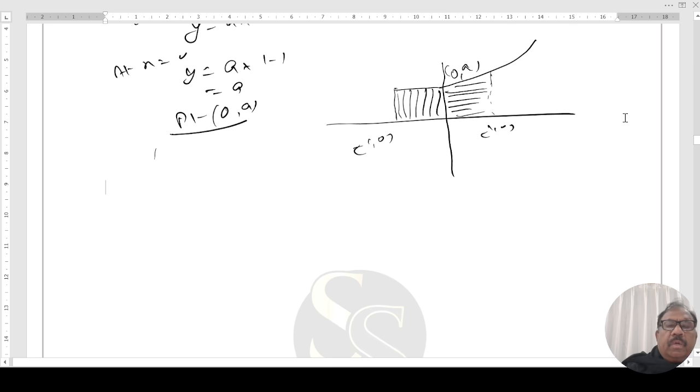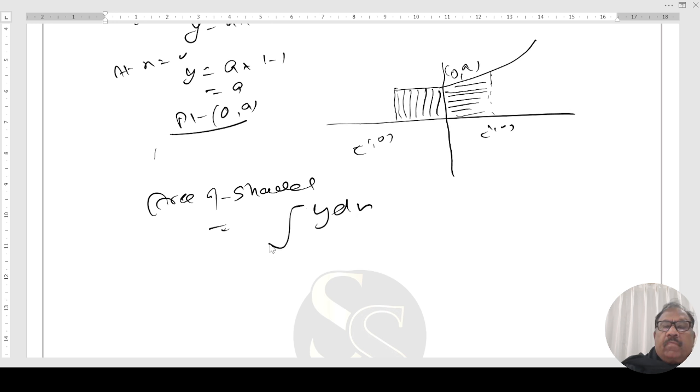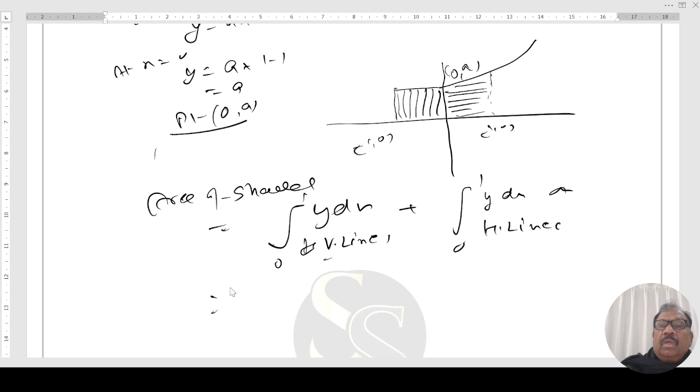So the area of the shaded region equals the integral of y dx over the first part plus the integral of y dx over the second part, from 0 to 1. In the first part, the integration is simple, we take a.